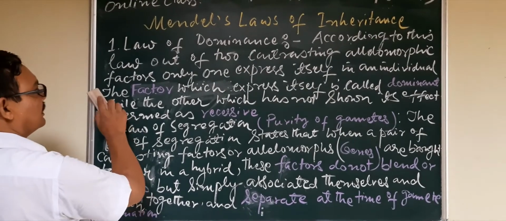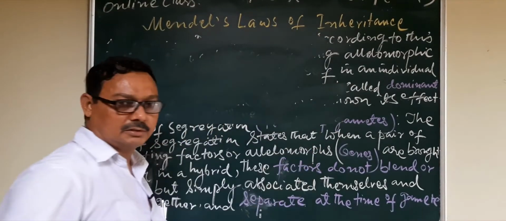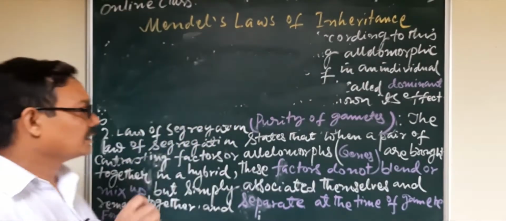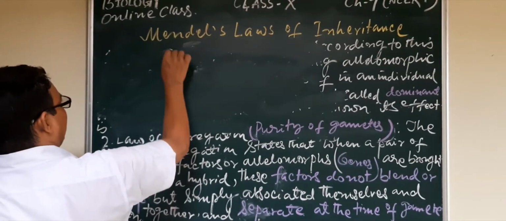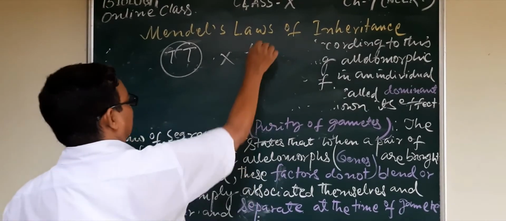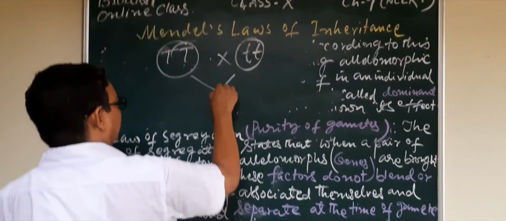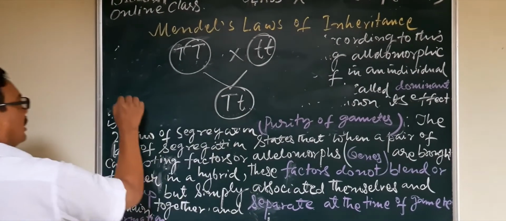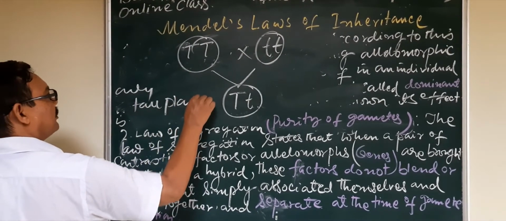So this is the first law. According to the first law, in the case of the monohybrid experiment, we have seen that when pure tall and pure dwarf are crossed with each other, what will happen in the F1 generation? Only tall plants are obtained, 100% tall plants.